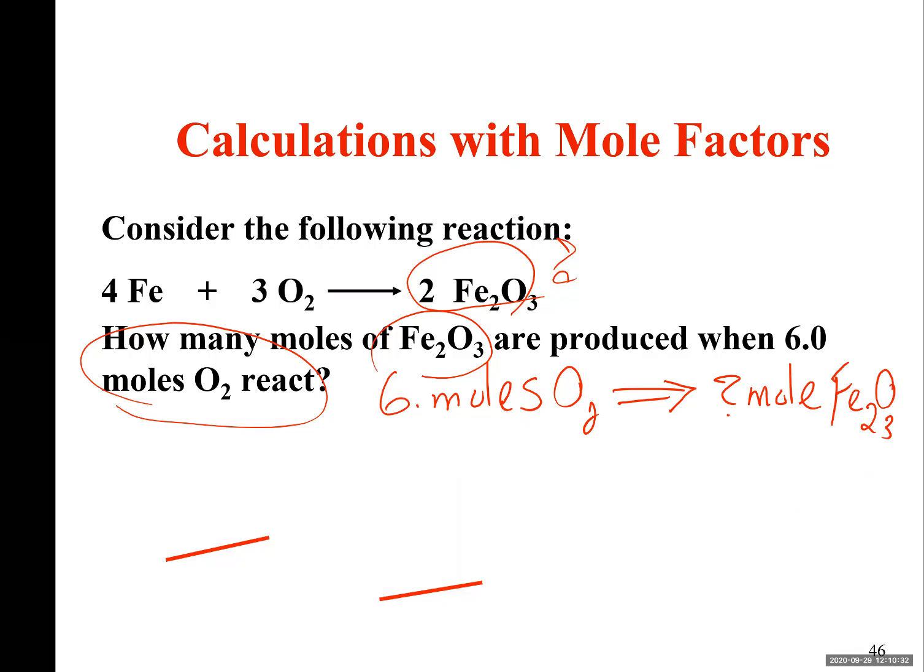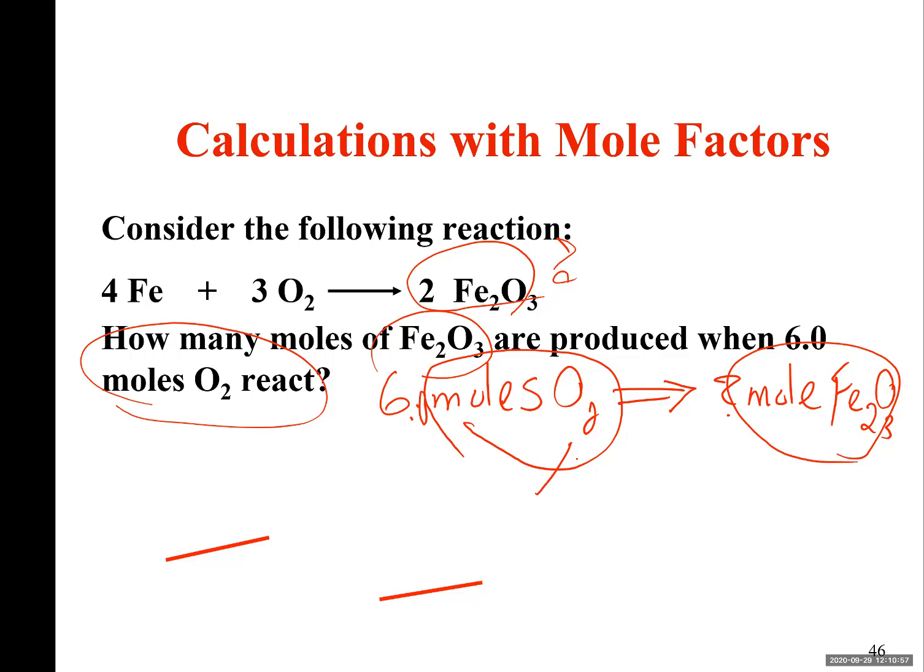Can I say, do you see a change of unit? Do you see that we are converting moles of O2 to moles of Fe2O3? The answer should have moles of Fe2O3. So I must use a conversion factor to cancel moles of O2.